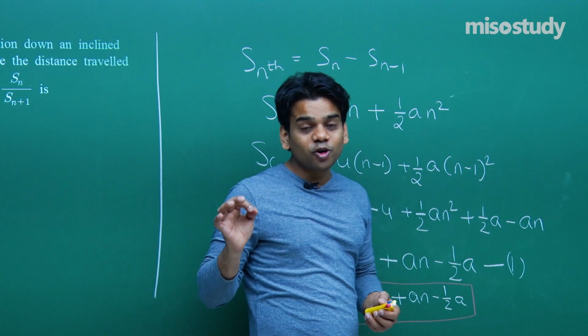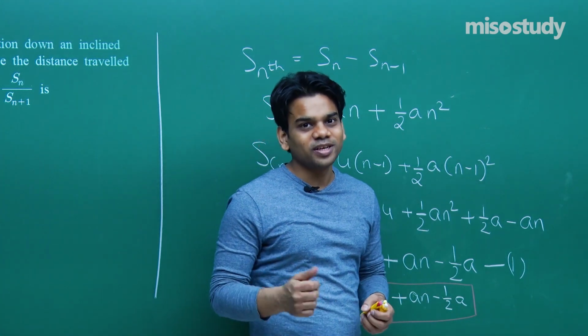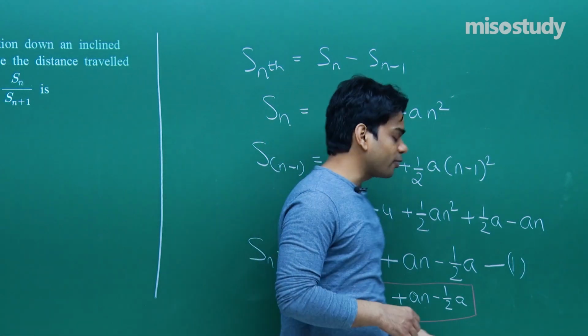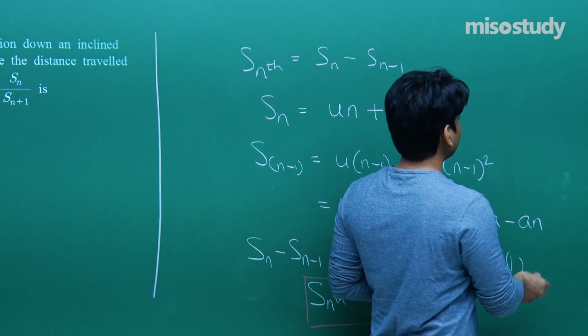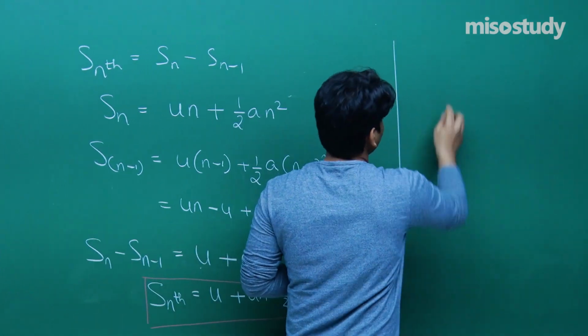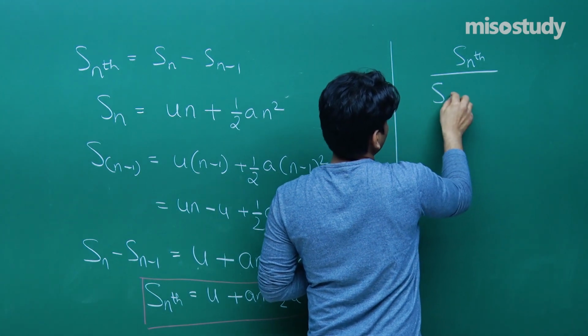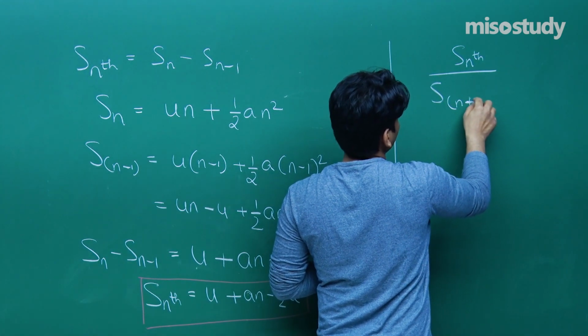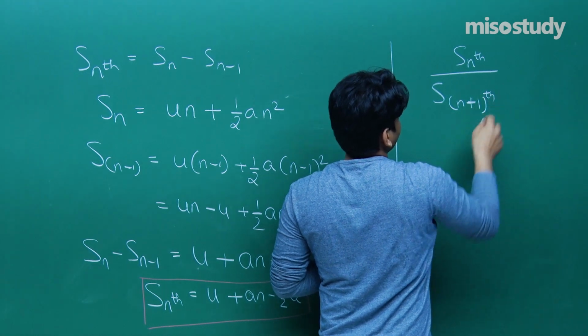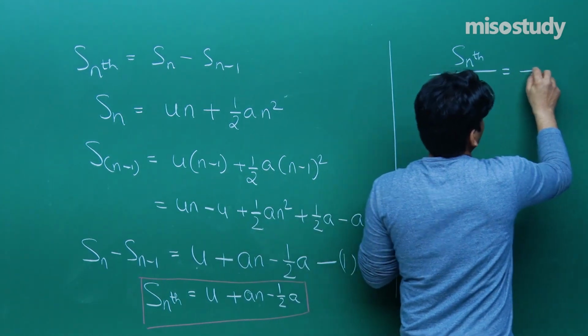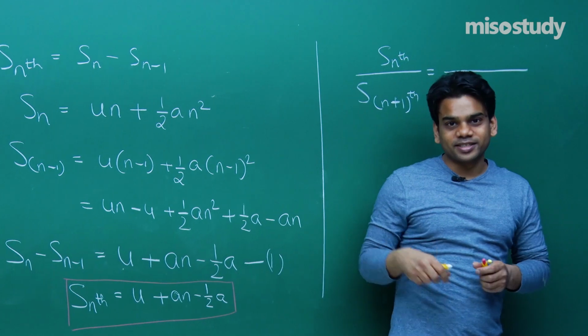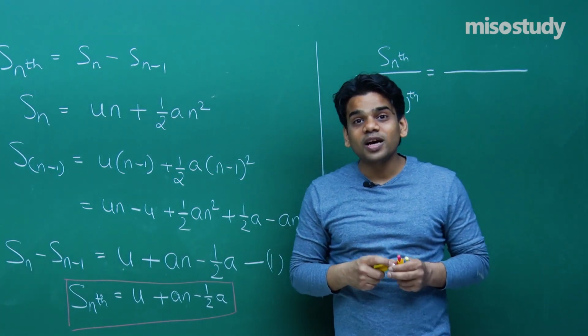Now, let's proceed as per the question. It says we have to find the distance traveled in the nth second upon the distance traveled in the n plus 1th second. So I am just making it simple for you to understand. It starts from rest and moves down an inclined plane.